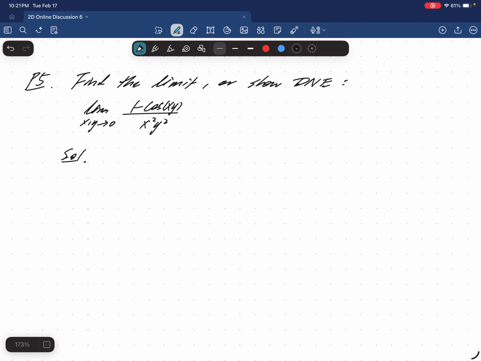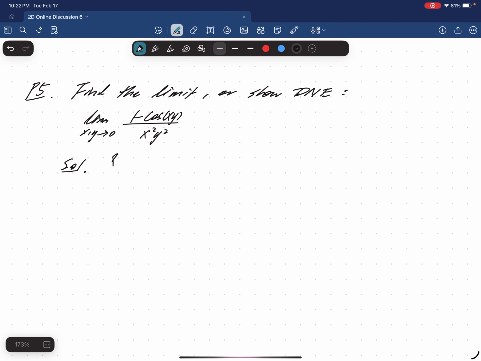So here we encounter a third trick we can use to find such limits. And this trick is just substitution. So notice that xy here, we can see it as a whole. So we can write u equals xy.